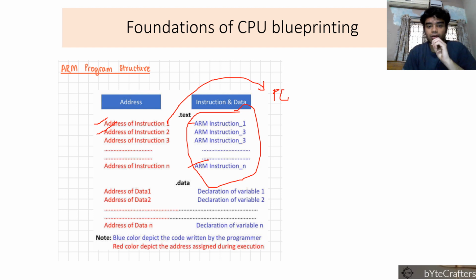Let me repeat. The address of instruction 1 is pointed to by the PC. From the PC, the instruction is executed. The execution outcome is reflected in CPSR. The PC updates itself to the next instruction. This is the flow of the ARM program structure.